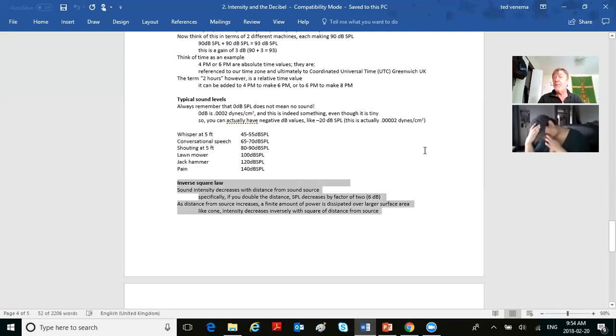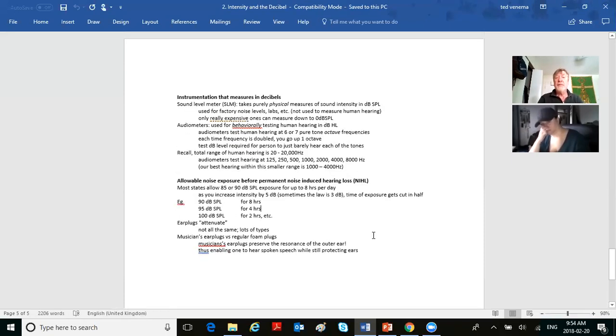But that's only in a perfect free field of sound. Almost never is it exactly like that, because you've always got things that sound is bouncing from, like trees and walls and roads and whatever. So basically the inverse square law says if you double the distance from sound, you go down by about 6 dB. Enough on that. All right.